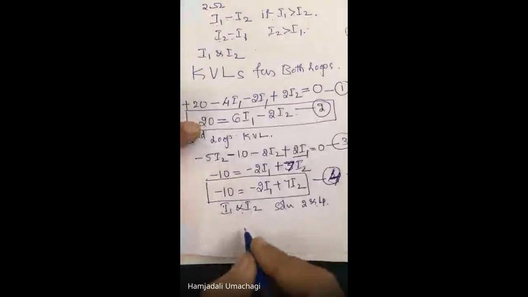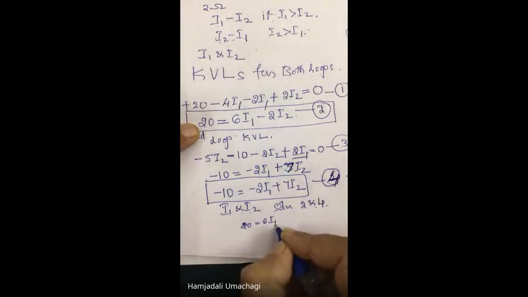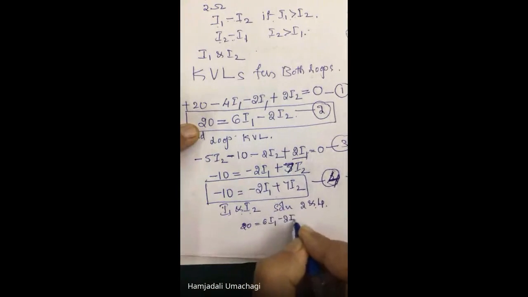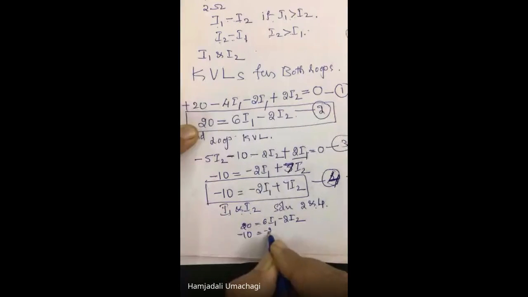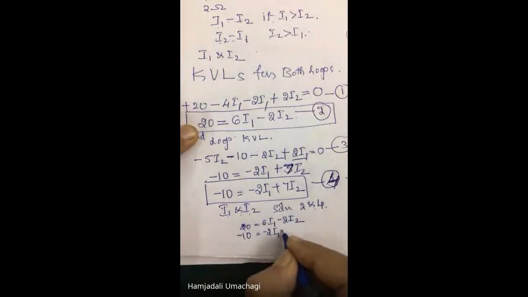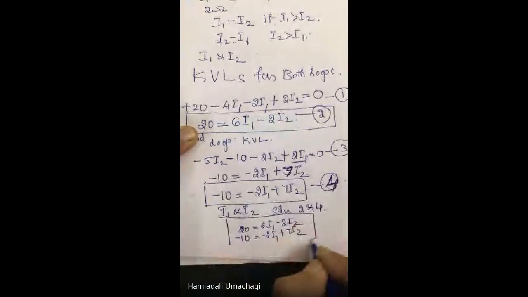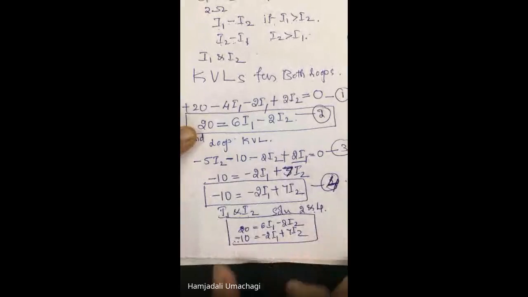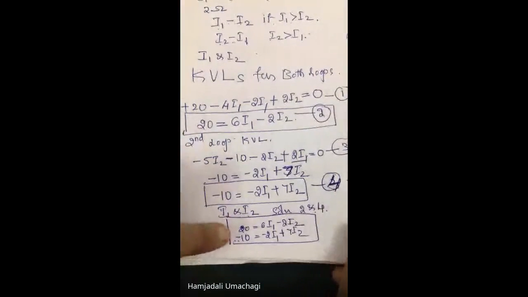Okay. First equation. I am putting both the equations together. 20 equal to 6I1 minus 2I2. Other equation, minus 10 equal to minus 2I1 plus 7I2. You need to solve these two equations by using simultaneous equations or by using Cramer's rule.